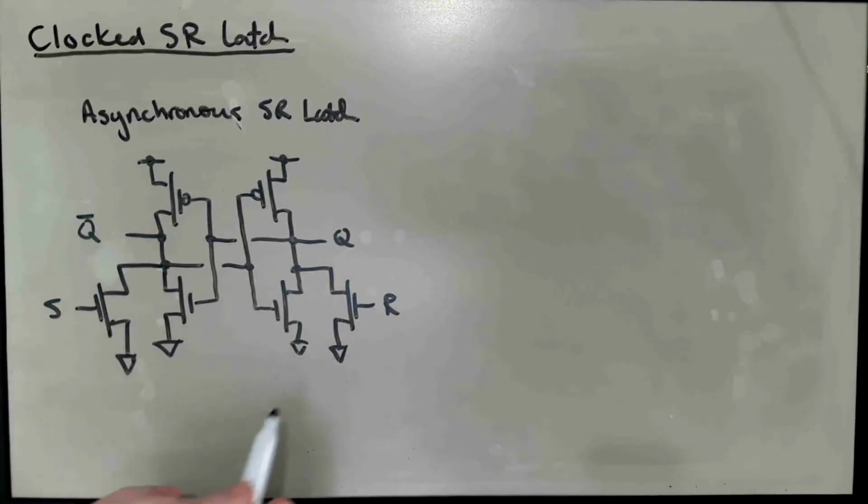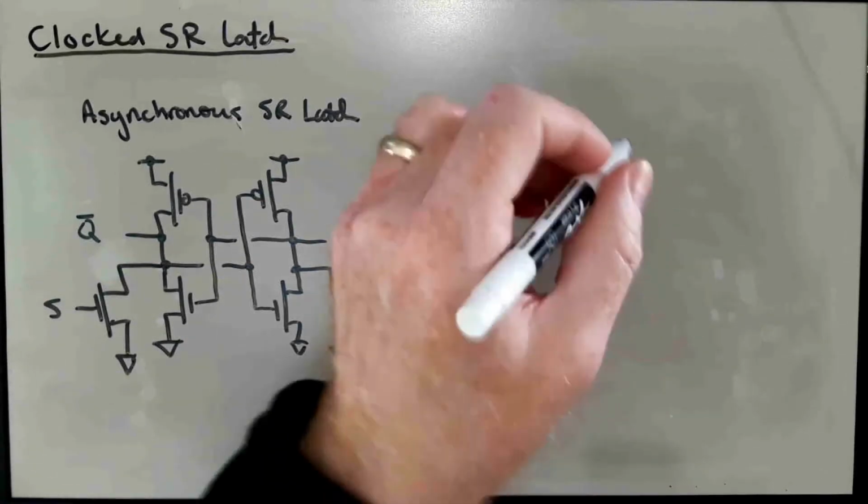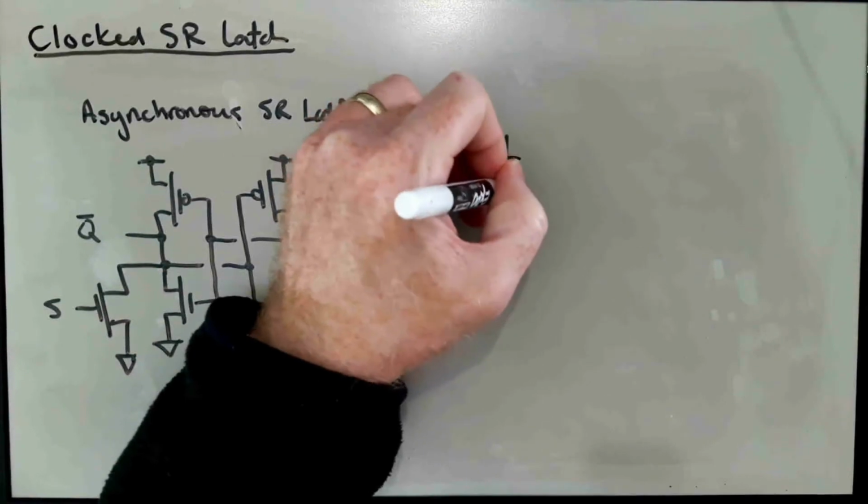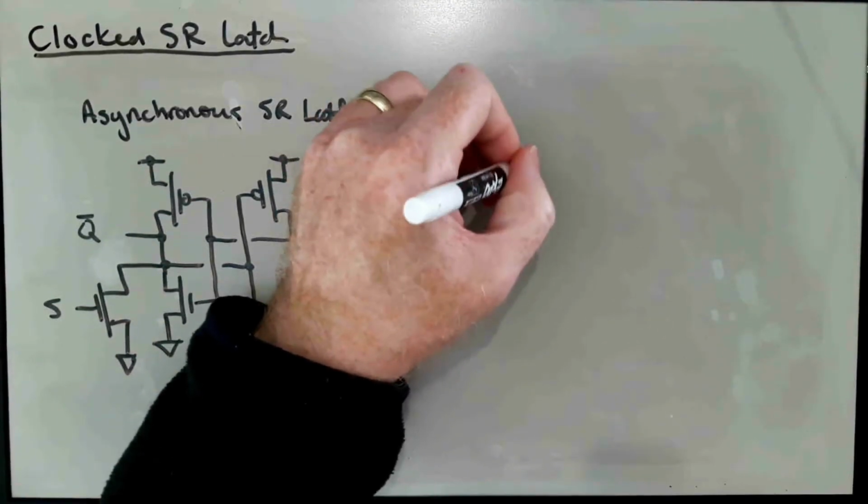And so to convert this into something that has a clock, what we can do is basically add some clock transistors in series with the access devices.